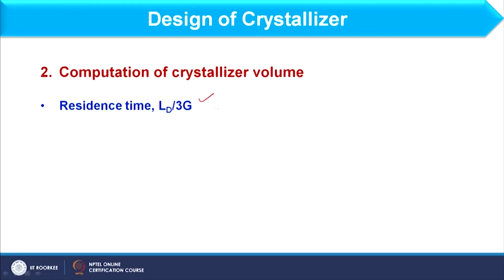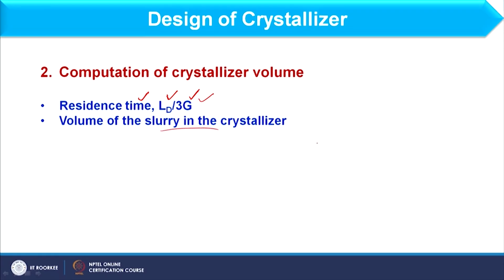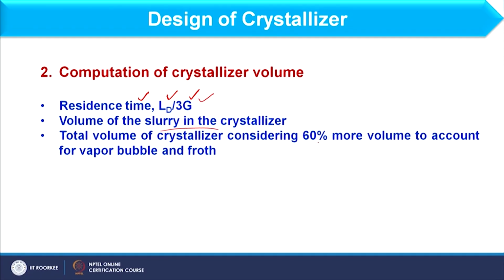Here we have LD divided by 3G. LD is basically the size of the crystal, and G is the crystal growth rate. So, once I have the residence time, I know how much volume of slurry is available in the crystallizer, and based on that we can find the total volume of the solution, depending upon this residence time.